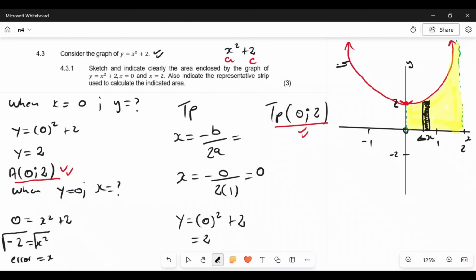Let's not forget to label this graph y equals x squared plus 2. There we go. This is exactly how they wanted us to draw this graph. I hope you guys understood this. Remember, the area is from 0 to 2 on the x-axis, which is from this point to that point on the x-axis.